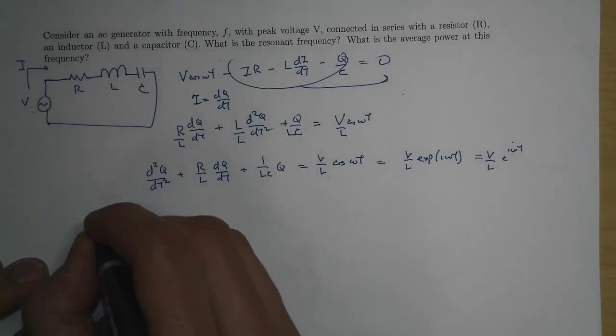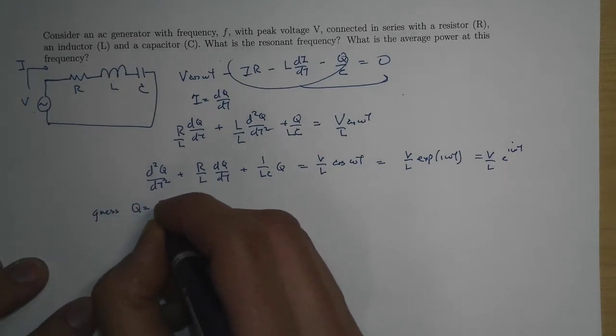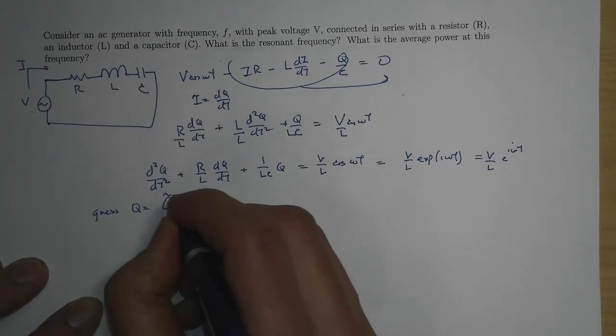I'm going to guess my solution. The guess I'm going to put in is q is equal to some q squiggle e to the i omega t.